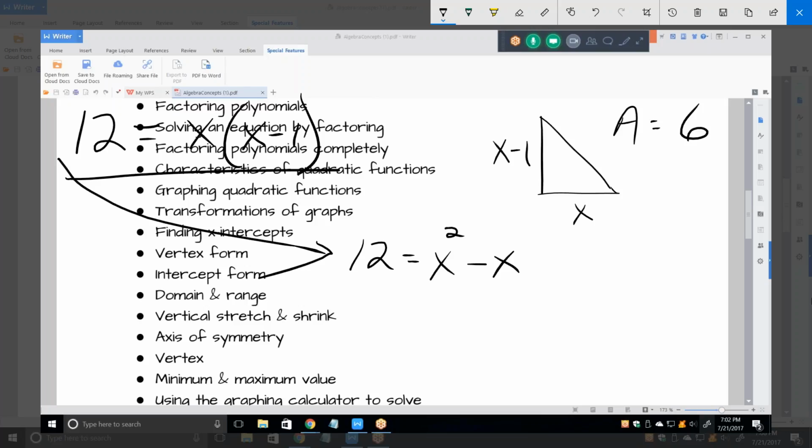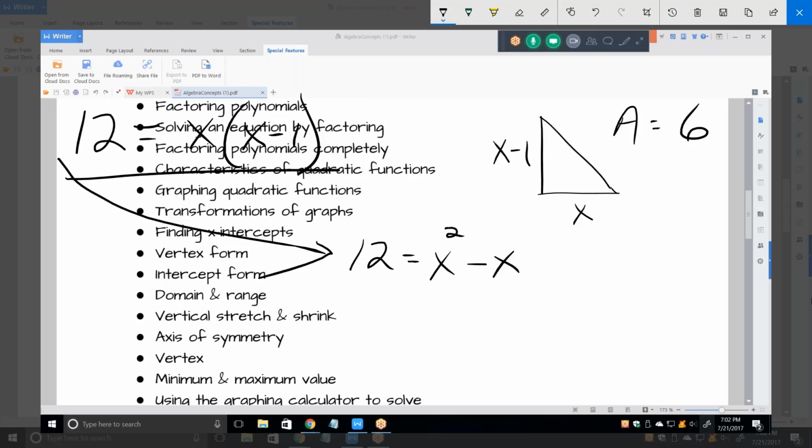And now notice that we're looking at stuff that looks very similar to what we've been working on for 2 or 3 sessions. How do I solve this? It's a quadratic. When I'm solving it by quadratic factoring, what do I want one side to equal? 0.